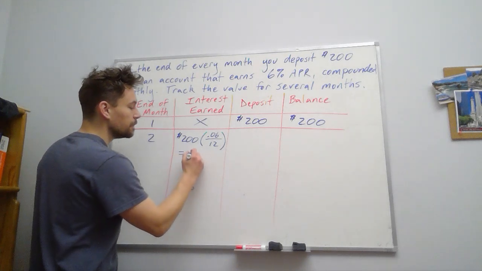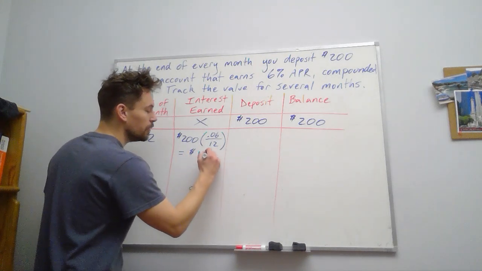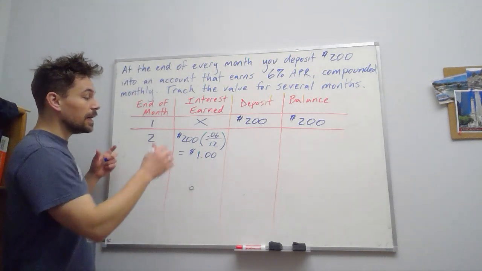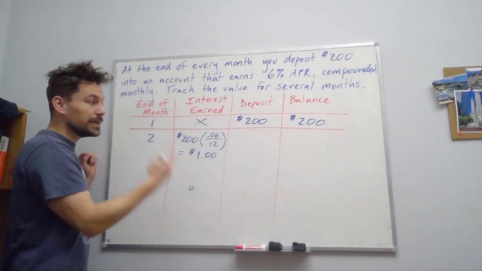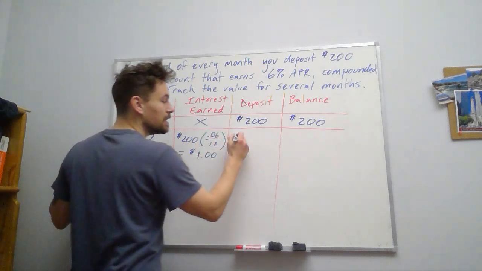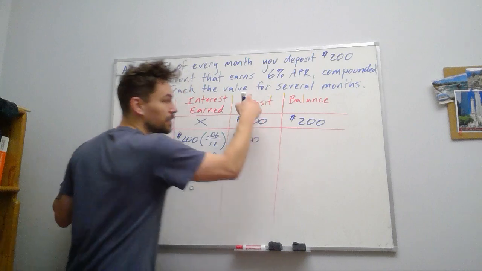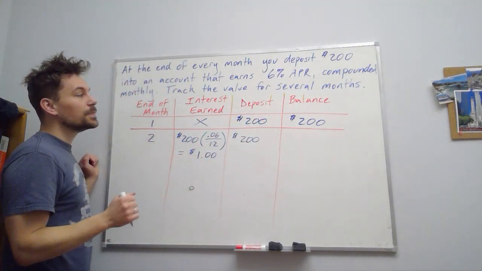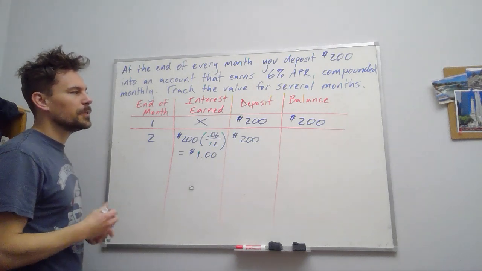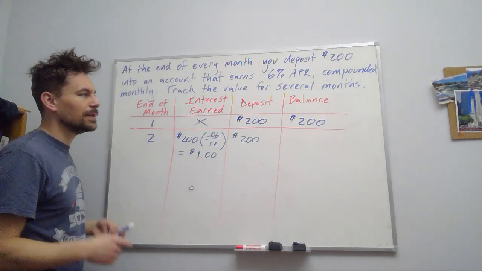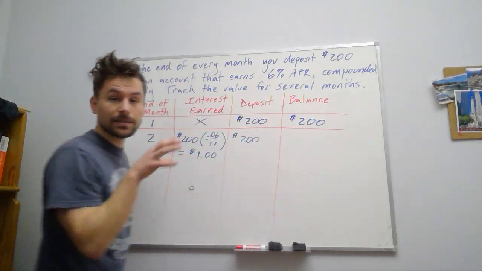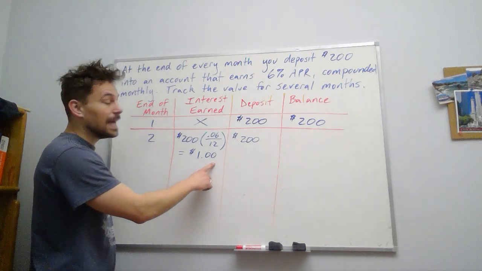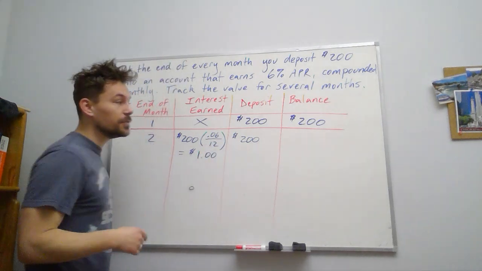And if we do this, we're going to get $1.00. Great, that's how much interest we earned during that month. We're still going to make a deposit at the end of the month of $200. So actually this column is just going to be 200, 200, every time. Now for our total balance, here's the part where we have to be mindful. We had $200 in the account already, we earned $1 in interest, and then we added another $200 deposit.